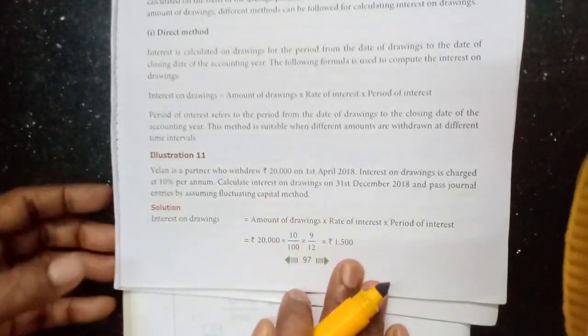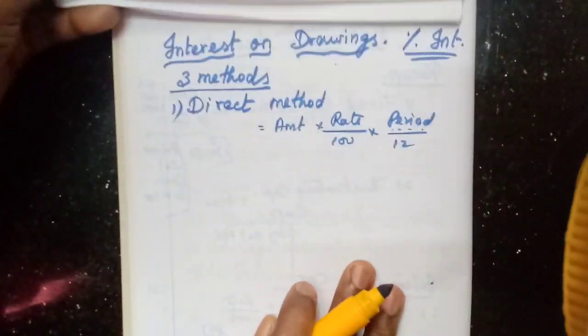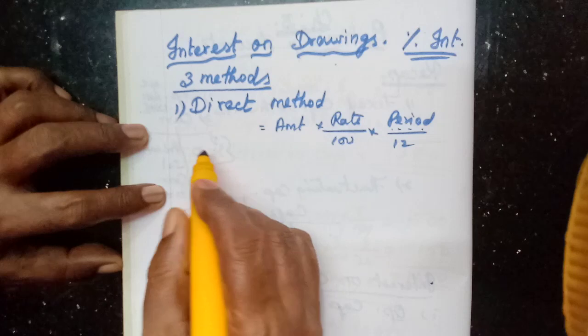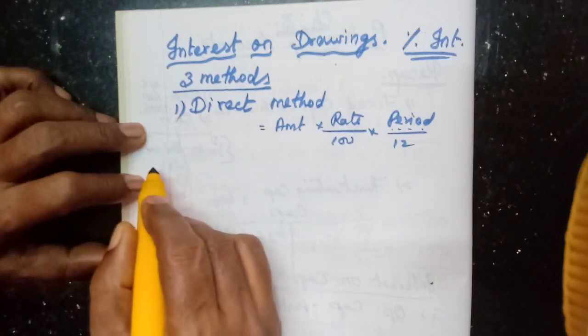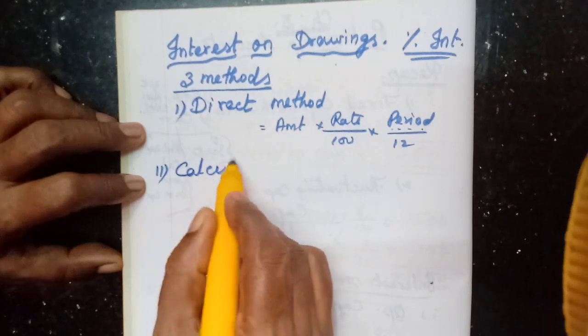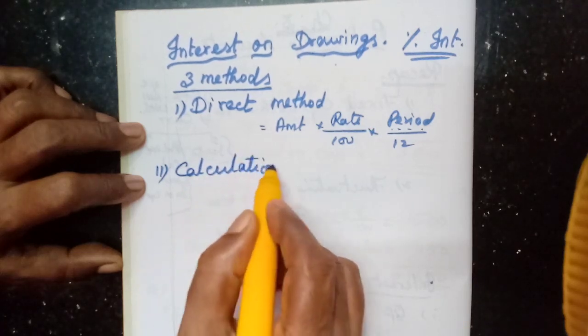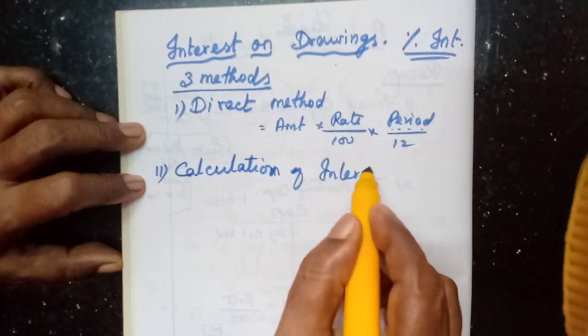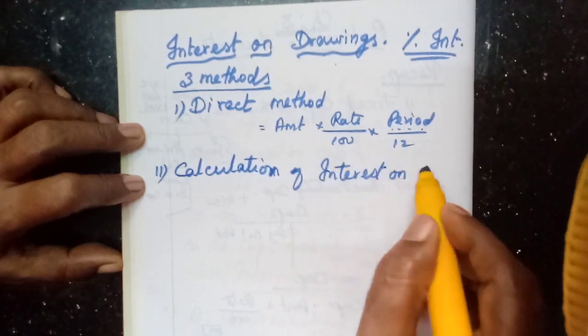So first we will write the calculation of interest on drawings, illustration 11.